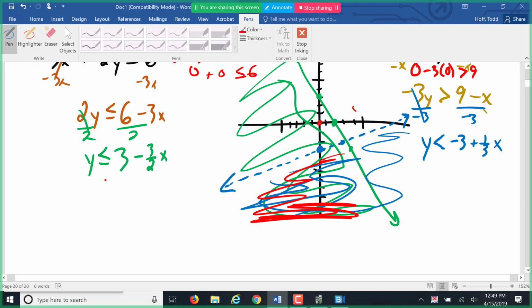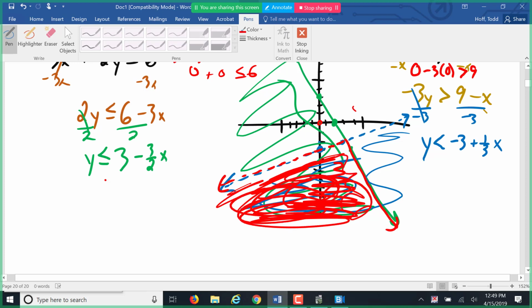This region is shaded in both graphs. But we also have to get the boundary conditions. This boundary would be solid because that's a solid line there. This boundary would be dashed, telling us that points that are on that line aren't included, but all the points right up to it are. So that is the solution to that system of inequalities. It's that graph.